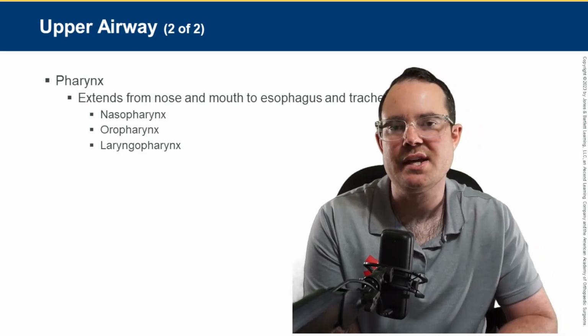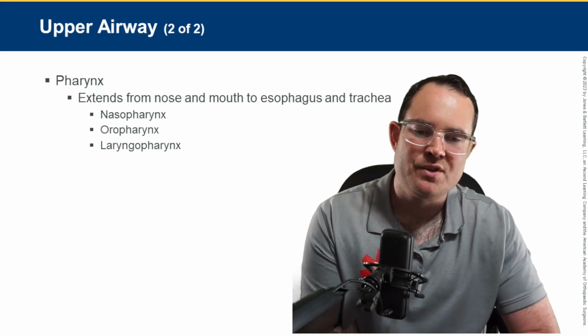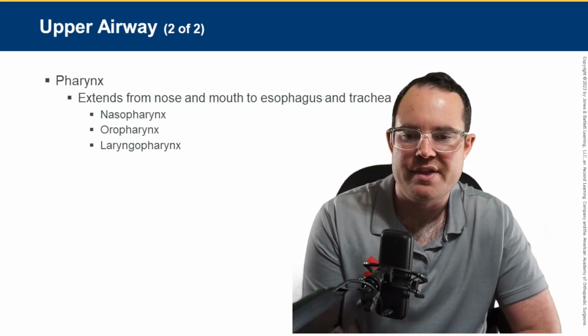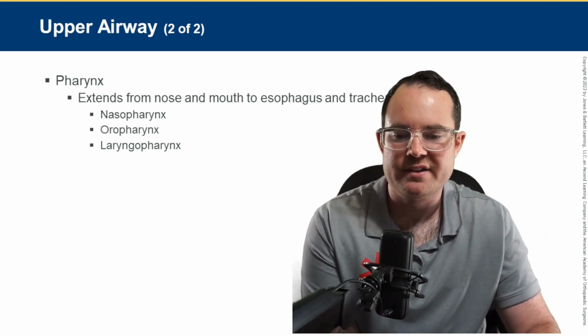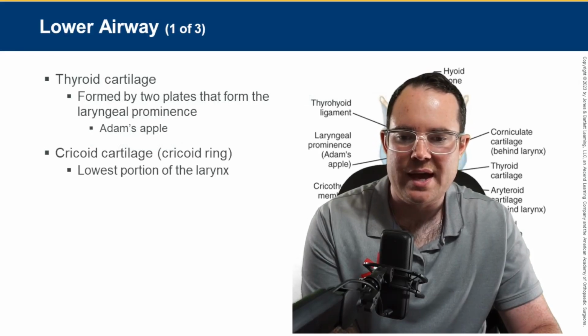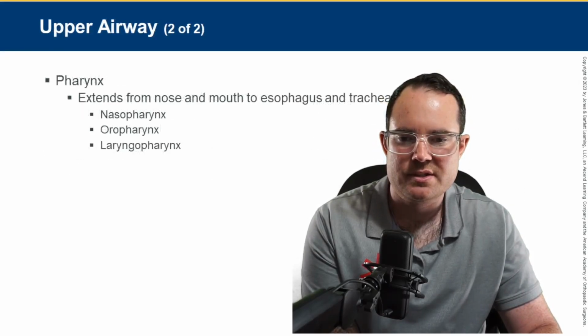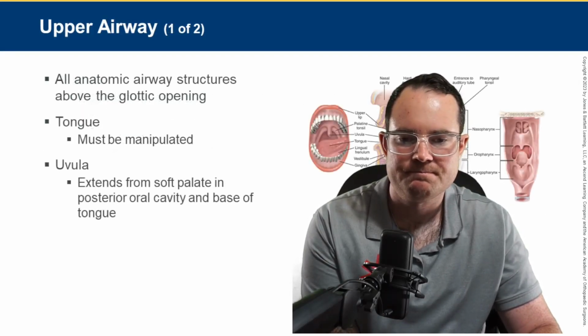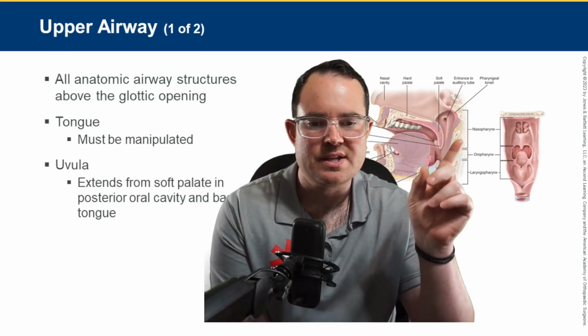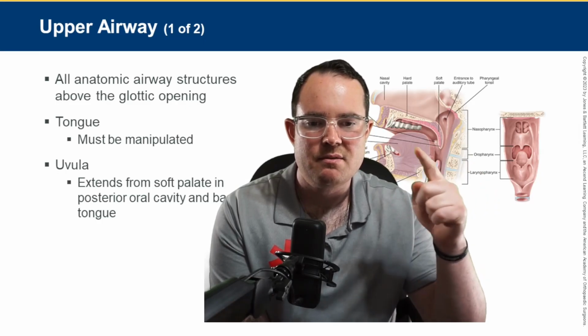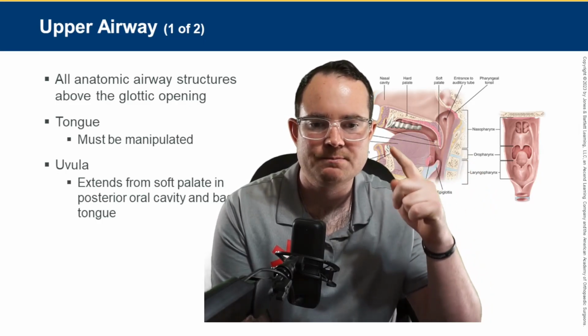Okay, for those of you that are taking notes, please know that there's three different parts of the pharynx. It's the nasopharynx, oral pharynx, and the laryngopharynx. We can look at that from this previous photo. Okay, right here, the top part of the back of the mouth, right?